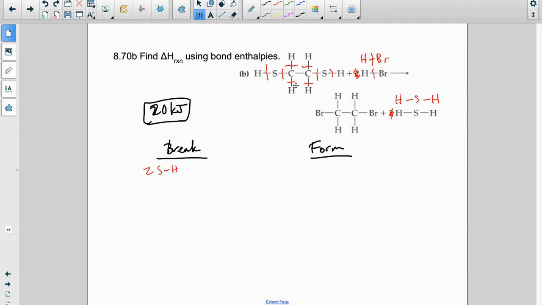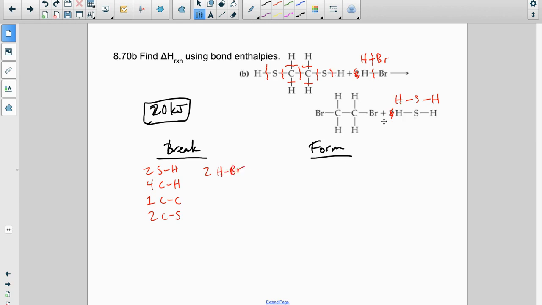We need to break 1, 2, 3, 4. Oh, and I missed a CC in the middle as well. So 4 CH bonds. We have to break 1 CC bond. And we need to break 2 CS bonds as well. And then over here with the HBr, we need to break 2 HBr bonds.